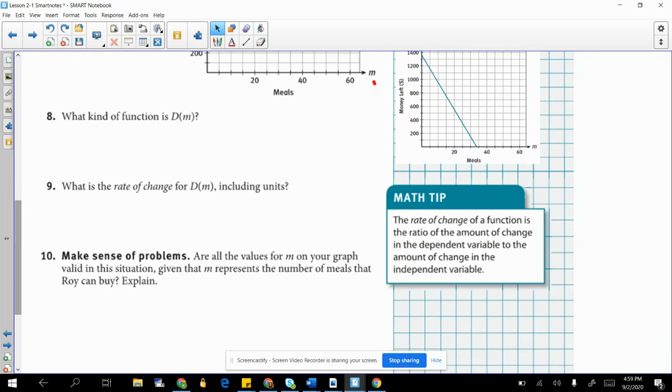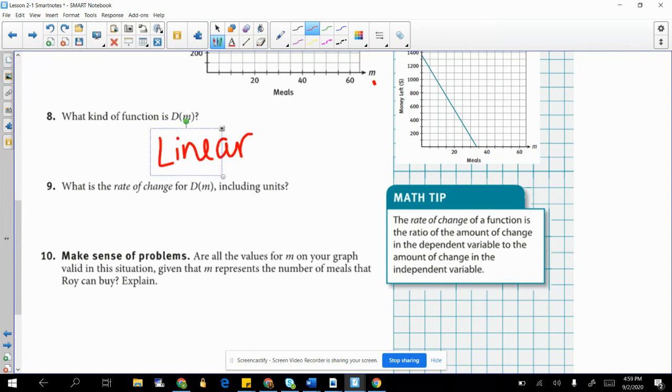And then number 8 says, what kind of function is d of m? And again, this one is linear. Okay, it's asking for what is the rate of change. And remember, the rate of change is just the same thing as your slope. Okay, so be careful with that.